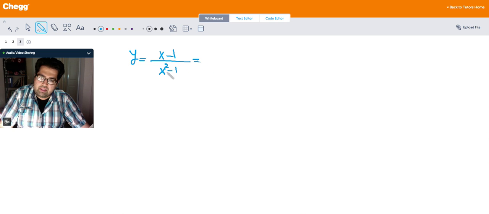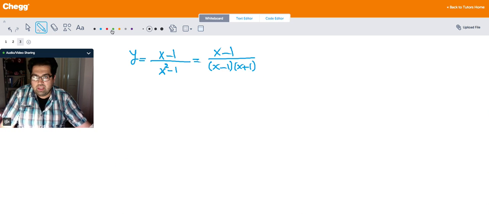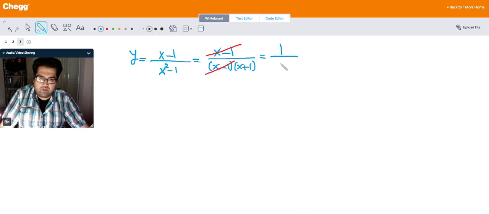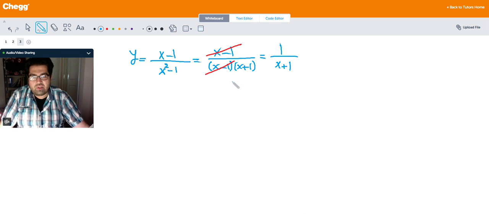If I factor the denominator, I get x minus 1 times x plus 1. In this case, I can simplify x minus 1, and I end up with 1 over x plus 1. This is the thing that you need to always do.